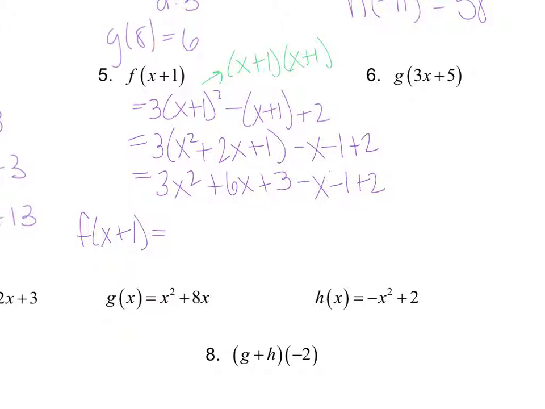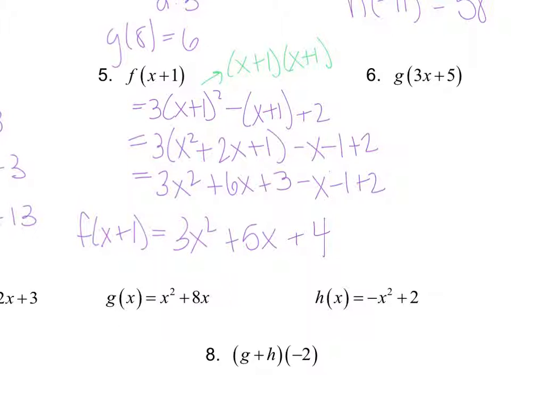And then from there, you got rid of all the parentheses, so you just combine like terms. So 3x squared plus 5x plus 4. Leave it alone, don't try to factor it. Remember that we are evaluating functions, so we're plugging numbers in or expressions and then just evaluating.